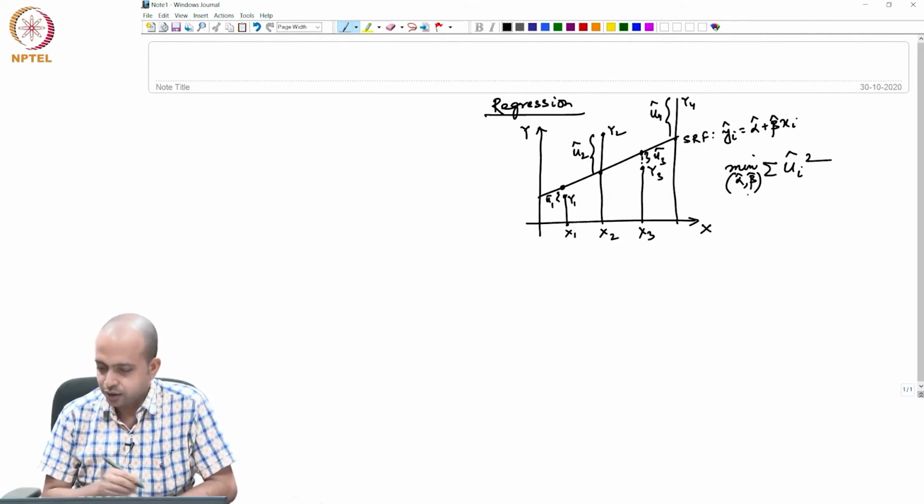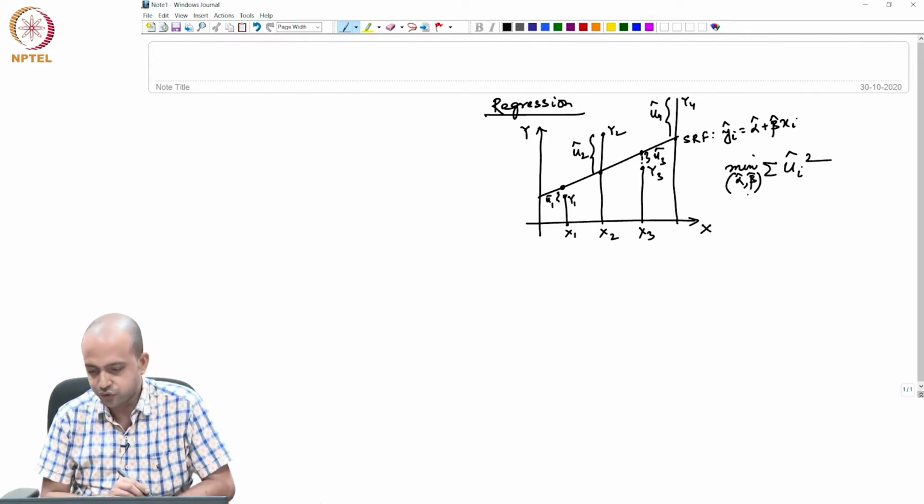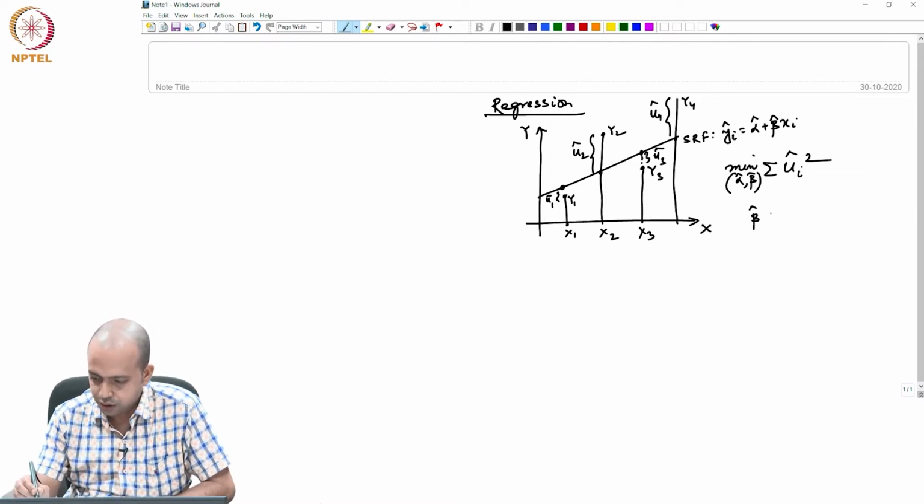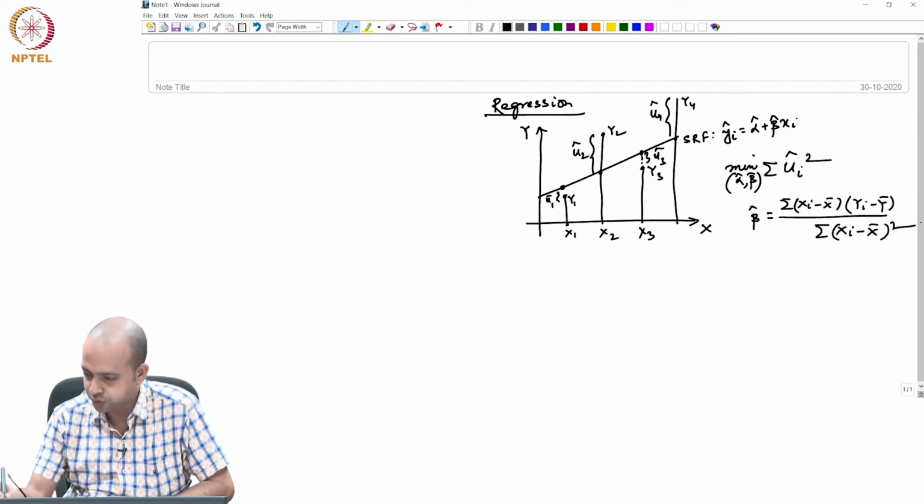And then if you solve this, what we have derived, beta hat is basically summation x i minus x bar into y i minus y bar divided by summation x i minus x bar whole square.